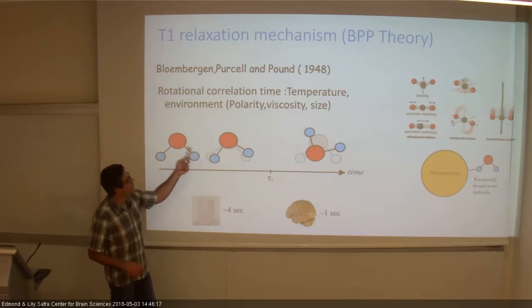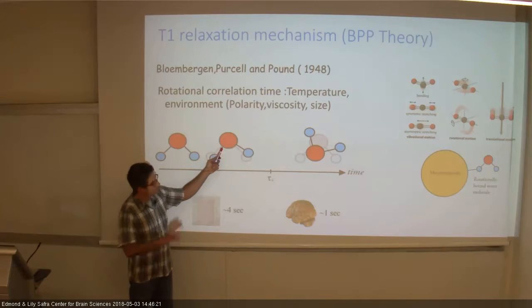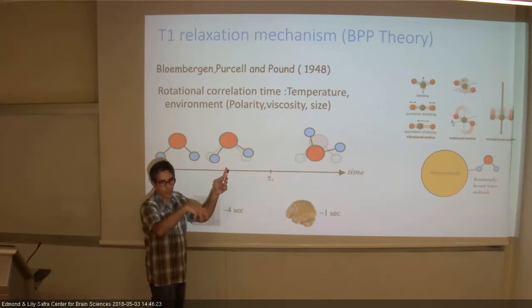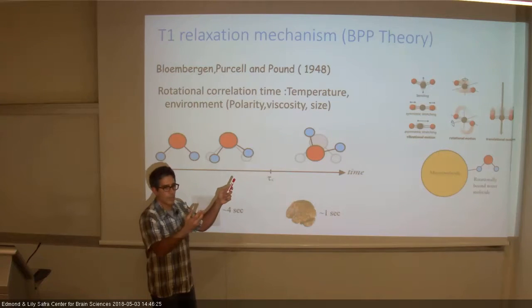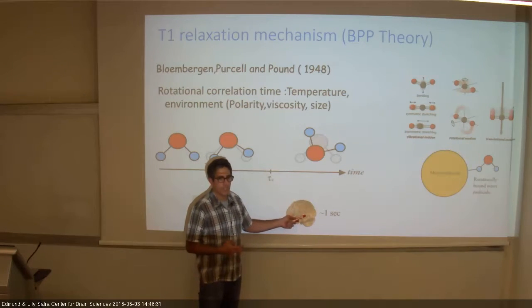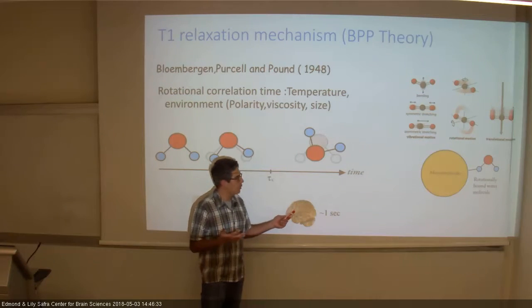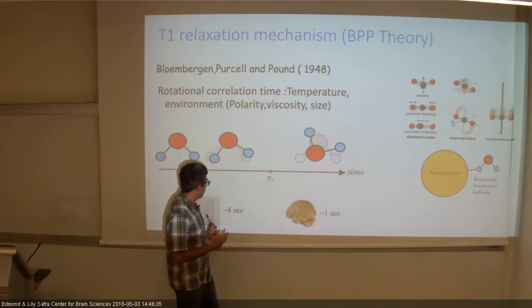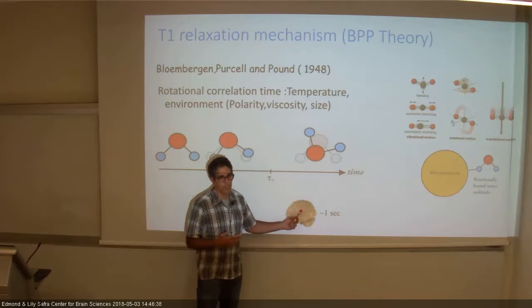This is the tumbling of those water molecules, and the chance to find the right tumbling, or the right amount of energy, if you want, movement that will fit the relaxation, is really low if they only see water, but if they see other things, the chance for that is growing. And that's why we have a different relaxation between water and tissue, and there is variability within tissue. That's actually important.